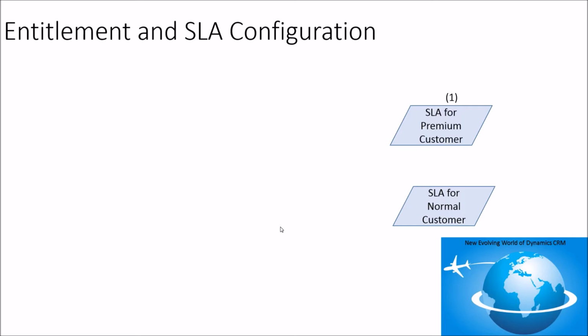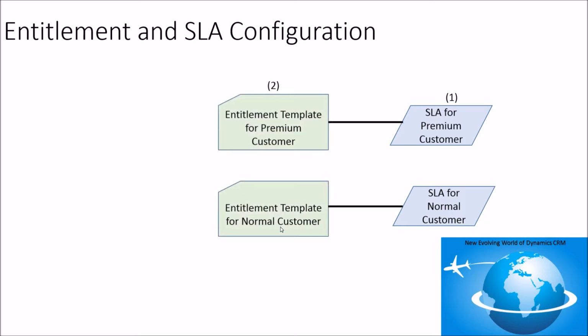Once SLAs are defined, then you create an entitlement template. That means you define some kind of service term over here, and you say this is a service term for my premium customer and this is a service term for my normal customer.